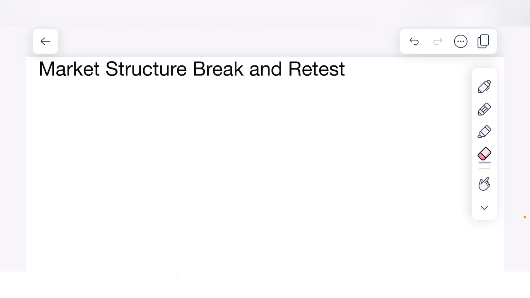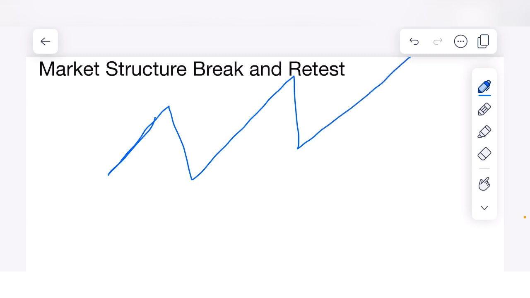So to begin, let's take an example in a bullish market. When you are in a bullish trend, in an uptrend, you see the market keeps on breaking the highest swing points.